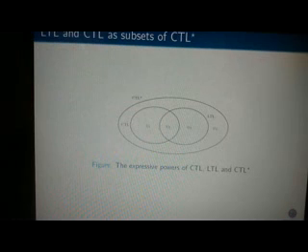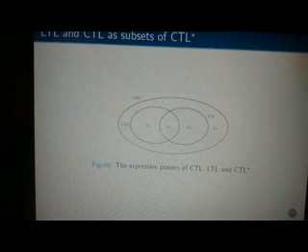This is a common diagram of CTL star, which is a combination of the characteristics of LTL and CTL. Although the syntax of LTL does not include A and E, the semantic viewpoint of LTL is that we consider all paths. Therefore, the LTL formula alpha is equivalent to the CTL star formula A alpha.